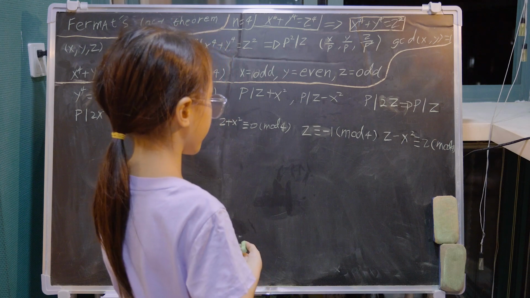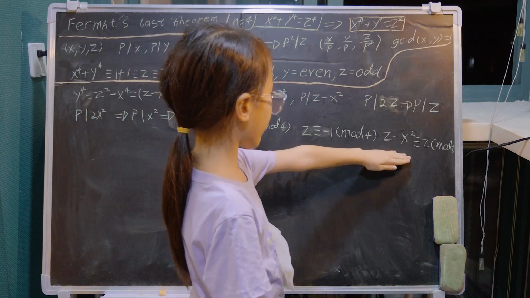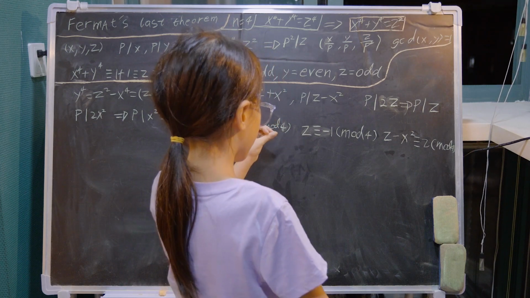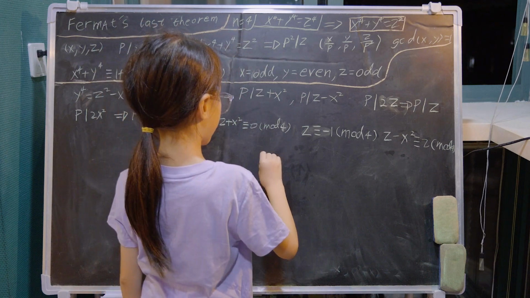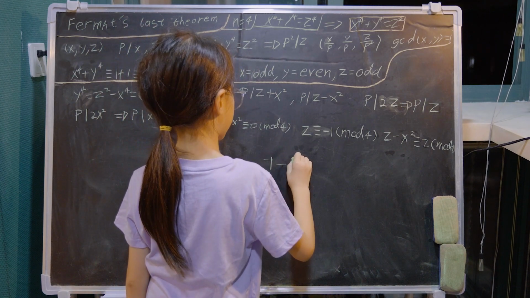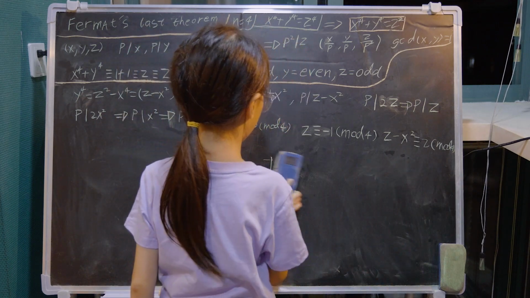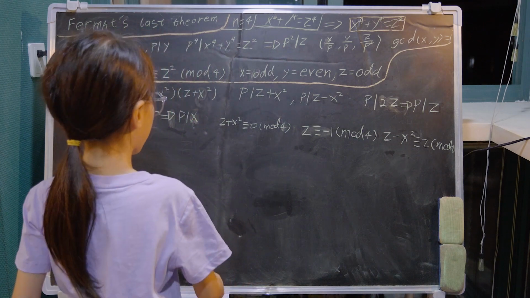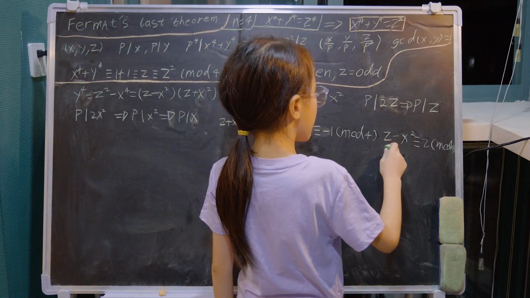For calculating this, we can use z minus x to the 2, so x squared. So that's -1 minus 1, so that's -2 mod 4. We can change it to 2, right? So now we have this.